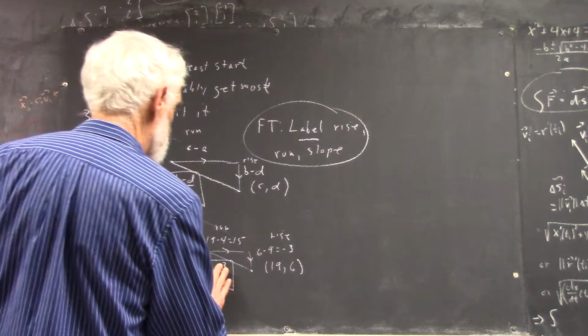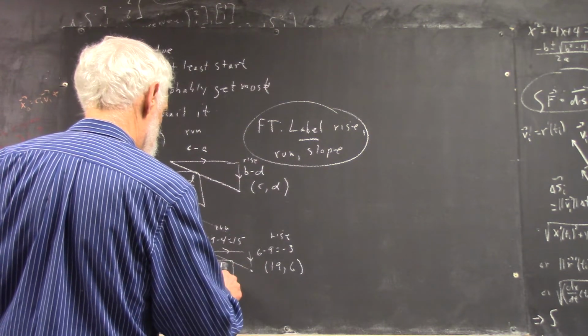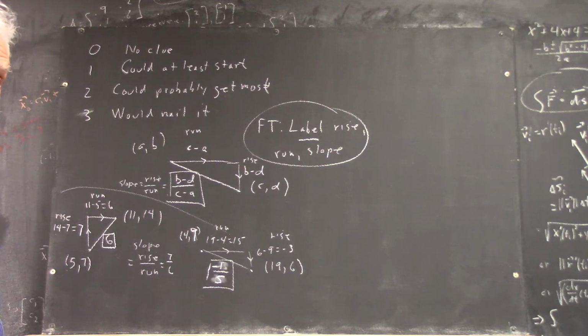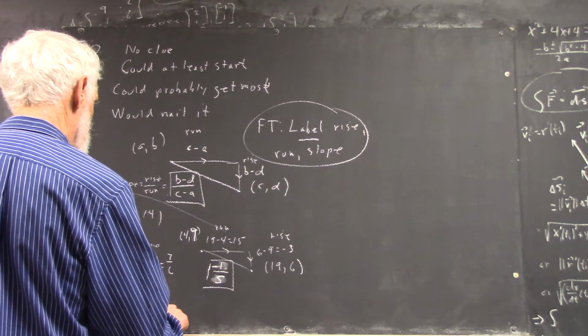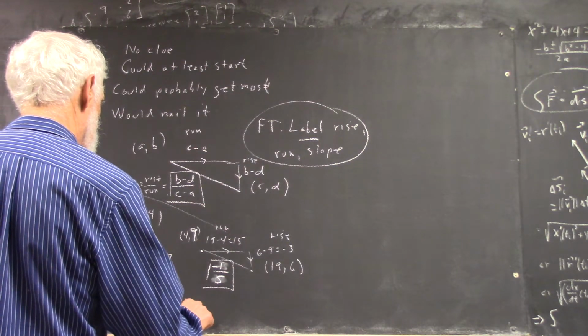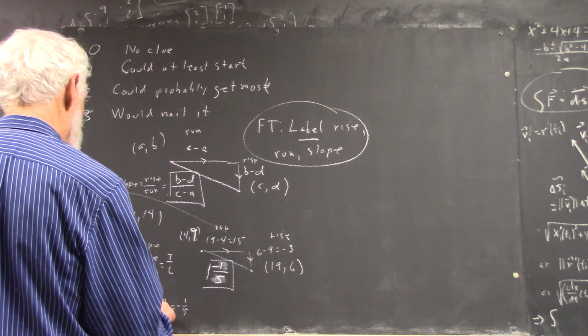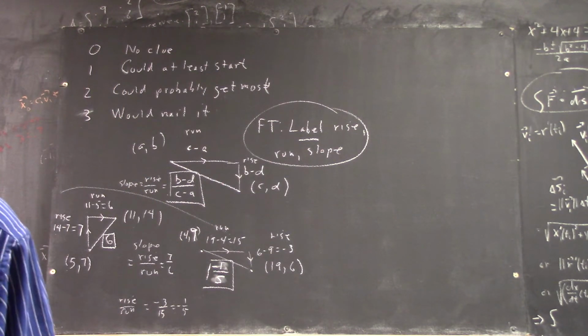So replace that with -1/5. Now, if you did the calculation out here, you'd say, okay, -3/15 equals -1/5. That's rise over run equals this, and we want it in lowest terms. Okay?